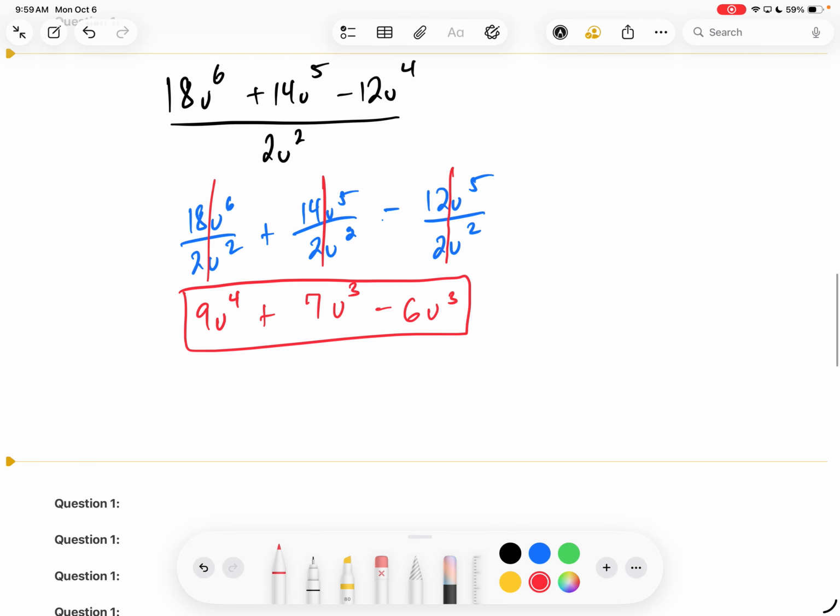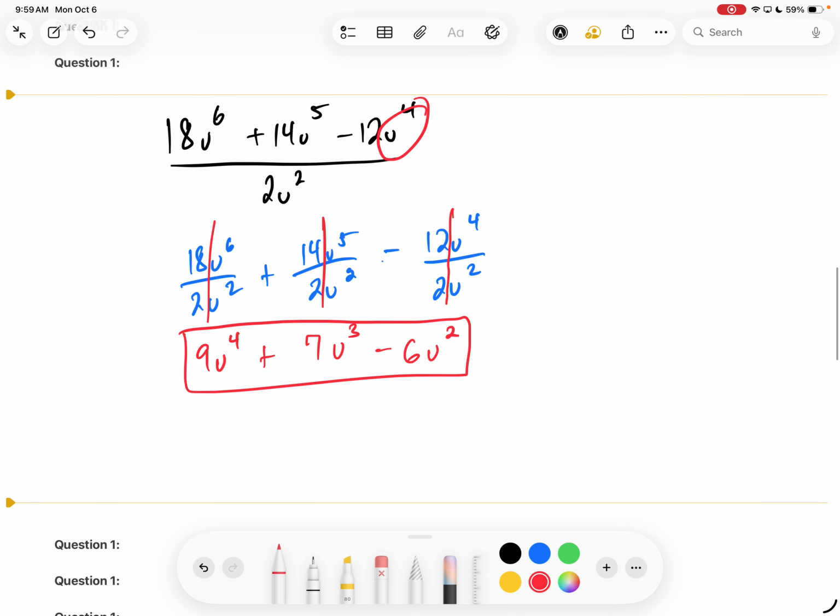This should be a 4 right there for the 12. Should be a 4, shouldn't it? It's kind of been one of those mornings for me, so y'all need to double check me. I just wrote it down wrong. It's 4 u's and 2 u's, so you get 2 u's left over.